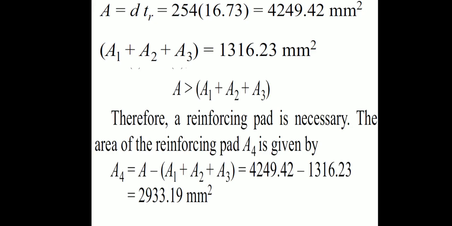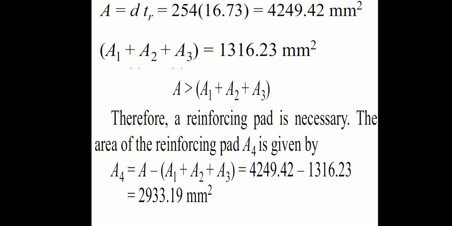So the area removed A is 4249.42 mm square, and the area added, that is A1 plus A2 plus A3, is equal to 1316.23 mm square. So the area removed is more, therefore we will require a reinforcing pad.